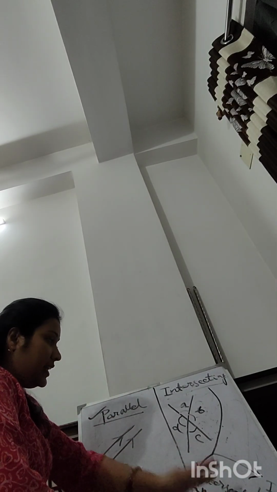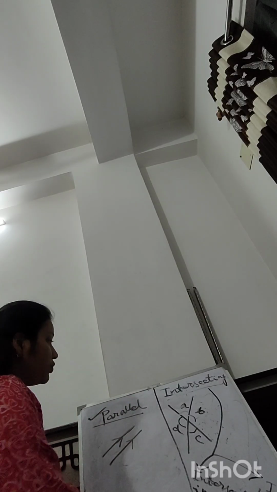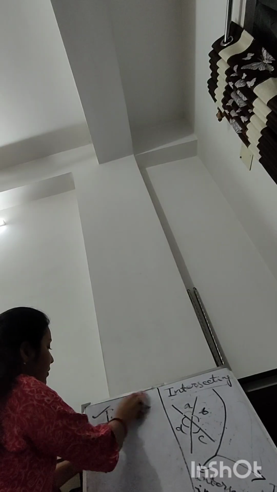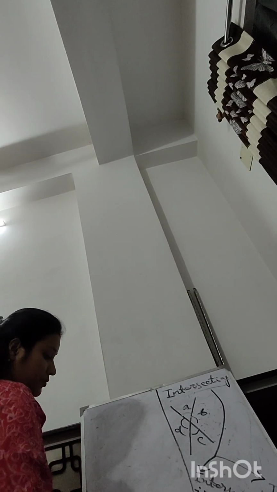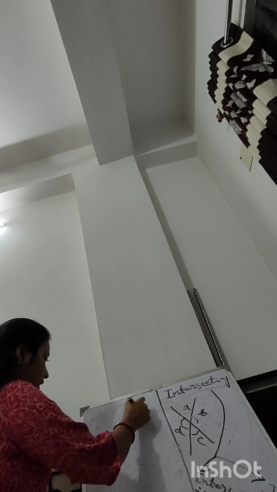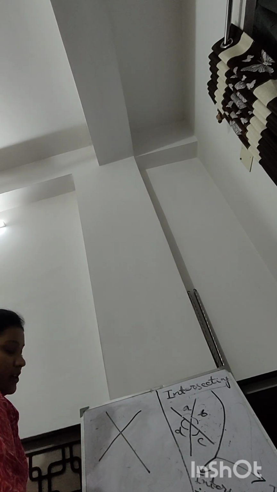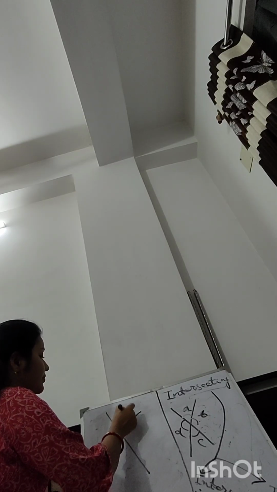First we will discuss the case when two lines intersect at 90 degrees. What will happen in that case? I am taking two lines like this, and this angle is 90 degrees.